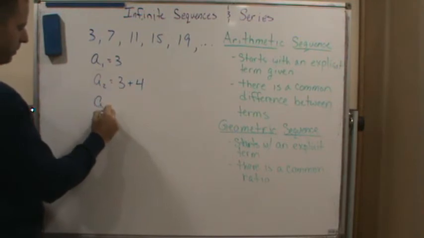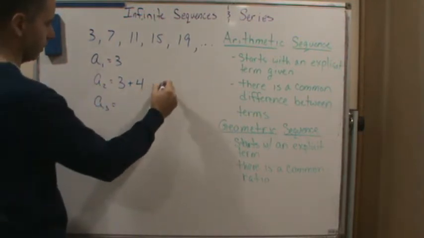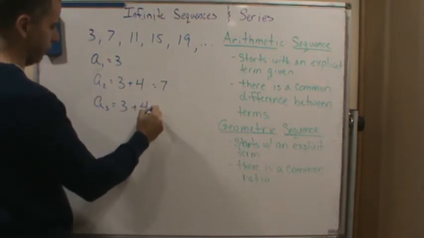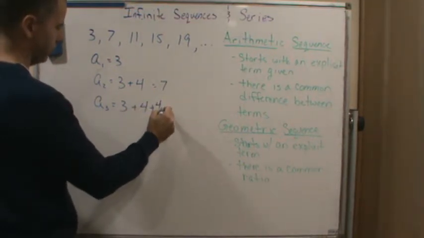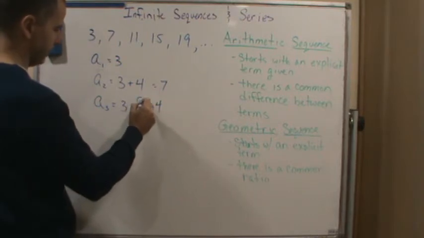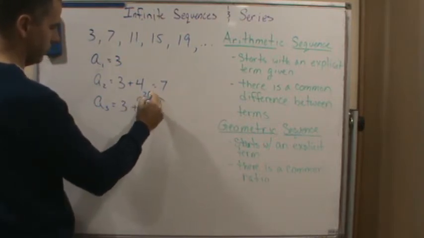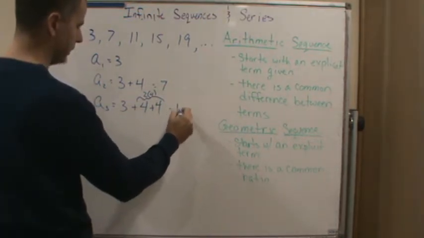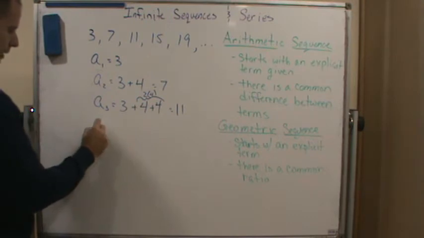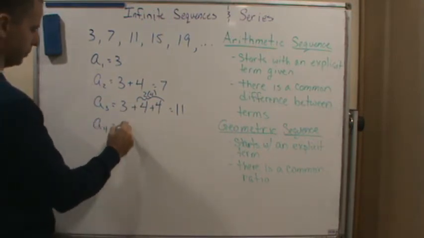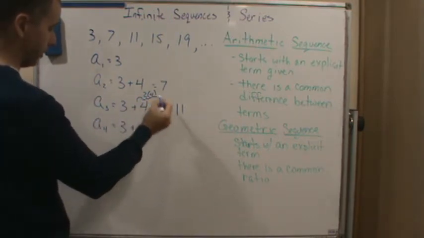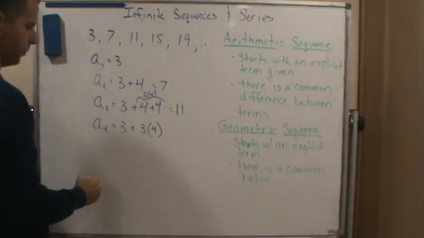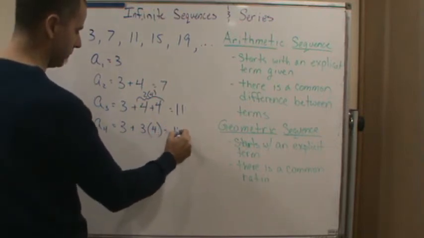Then a sub 3 equals 3 plus 4 plus 4, which is 3 plus 2 times 4, which equals 11. And then a sub 4 equals 3 plus 4 plus 4 plus 4, which is 3 plus 3 times 4, which equals 15.